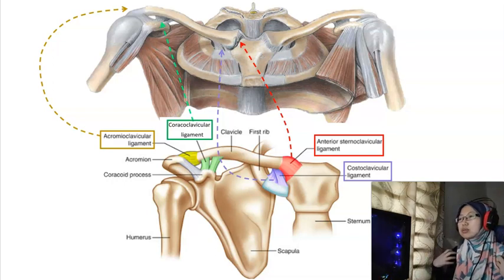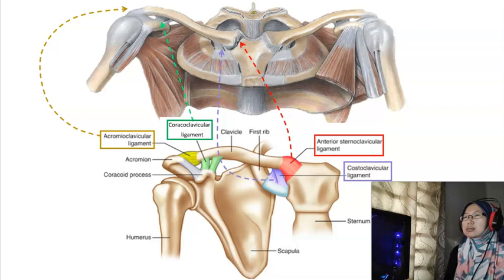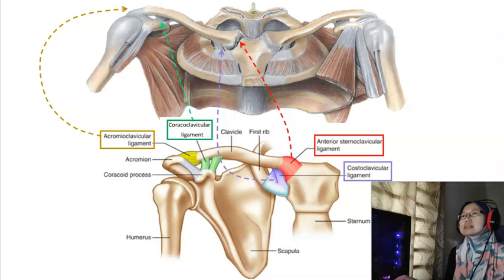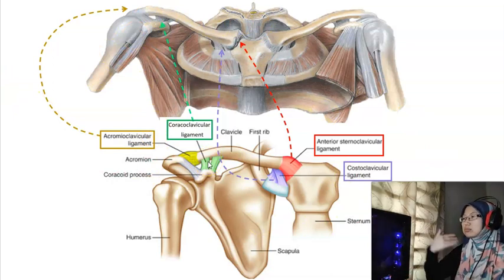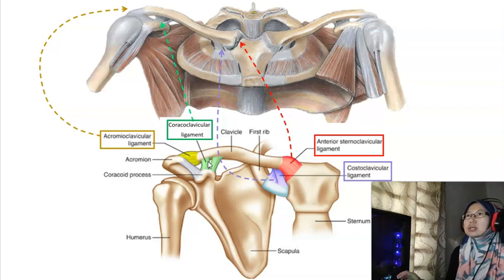Before we move into the main topic, I just want you to know that for your upper limb to be connected to your axial skeleton, these are the muscles and ligaments involved in this connection.